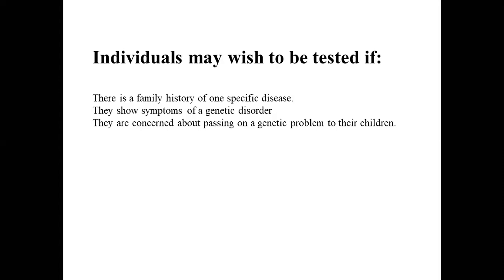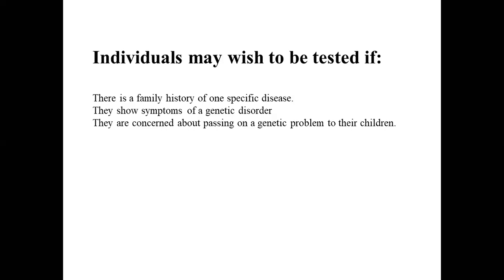So the family should go through a series of tests, and then they generate their own pedigree, and they will analyze, or you can say get some data in hand, on how many offspring will be affected, how many will be carriers, and how this disease will move to their offspring. So there is a family history of one specific disease, they show symptoms of genetic disorders, or they are concerned about passing on a genetic problem to their children.